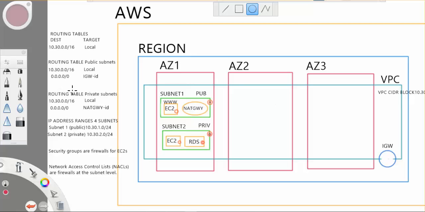Once you pull that update, it will come in and go into the NAT gateway, and the NAT gateway will send it to here. So this NAT gateway is acting as the intermediary between this EC2 instance and this database instance and the internet. The NAT gateway is the one that's making the requests on their behalf.